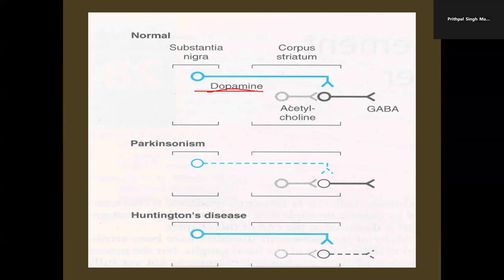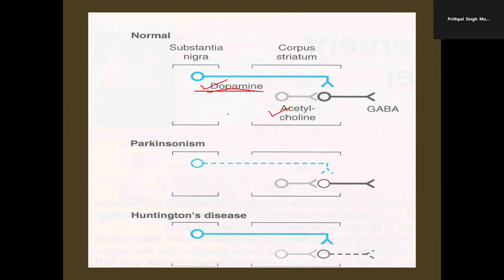Now, when we talk about the normal situation, there is a balance between these two neurotransmitters, dopamine and acetylcholine.